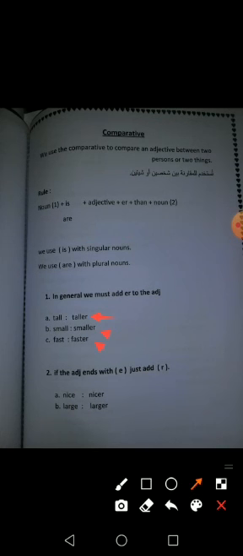So those adjectives we call short adjectives, one syllable, right? مقطع واحد. Okay, so we add er. Okay, we add what? We add er to the short adjective, to the adjective that has one syllable.